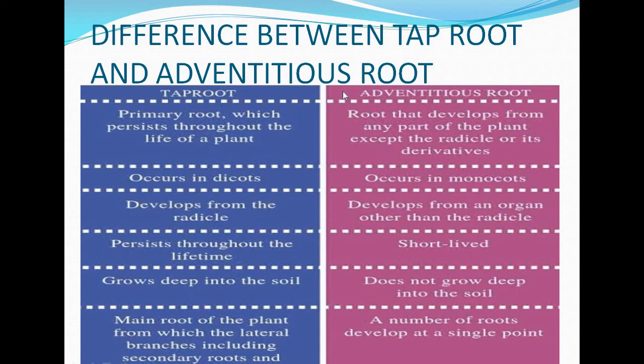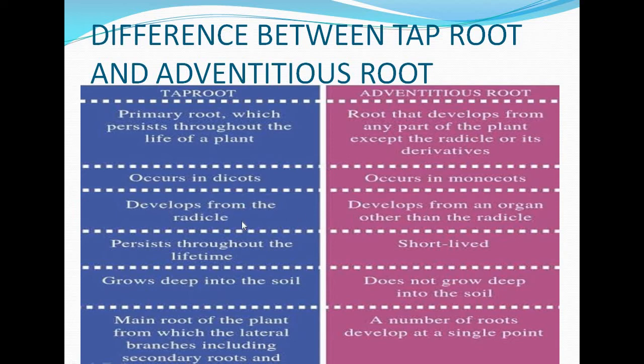So what is the difference between taproot and adventitious root? Taproots are primary roots which persist throughout the life of the plant, and adventitious roots develop from any part of the plant except the radicle or its derivatives. Taproot occurs in dicots and adventitious roots occur in monocots.